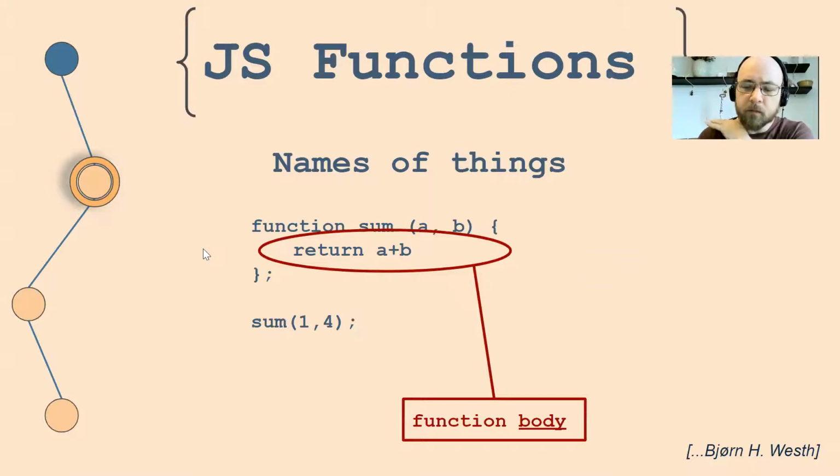Oh, sorry. Yeah, can I ask you something? Yes, please. You said before that you can name the function something like sum here. But you said it's also possible not to name it. Can we then reuse it if we don't give it a name? I mean, that was what we can do with a function. But if it has no name, what then? Yes.